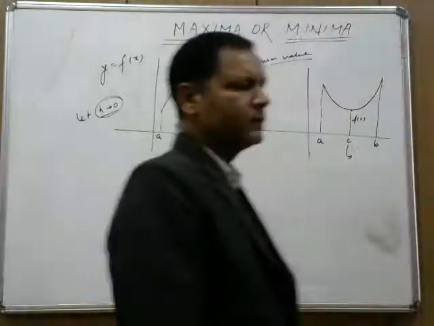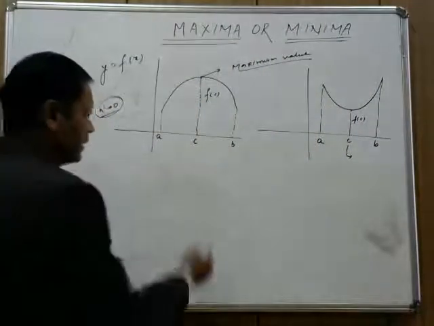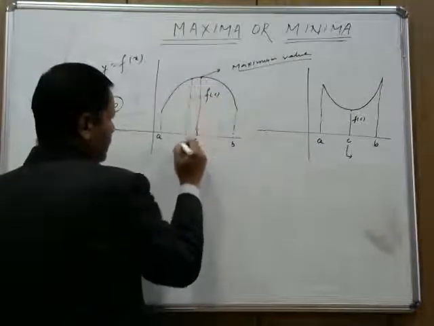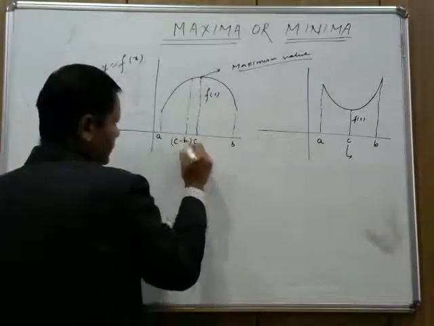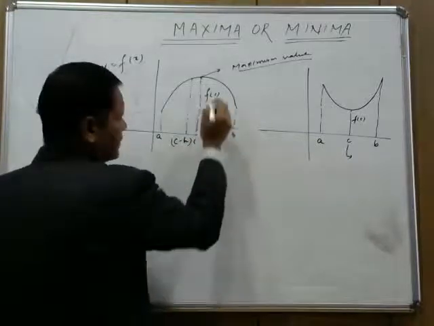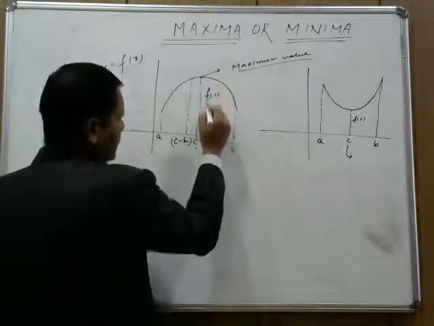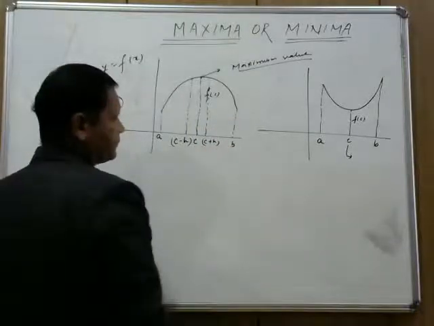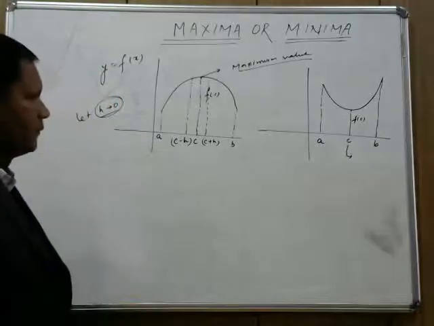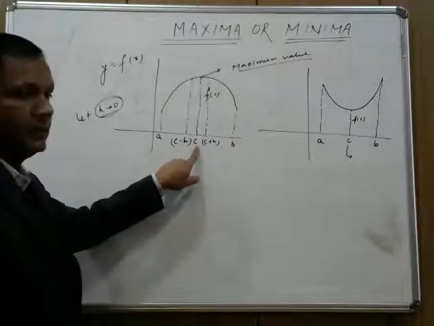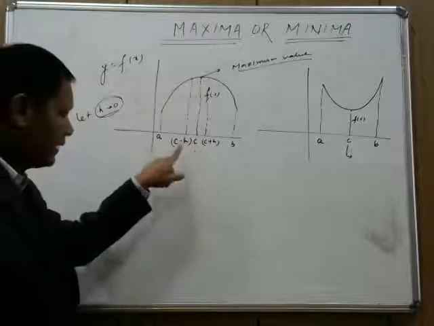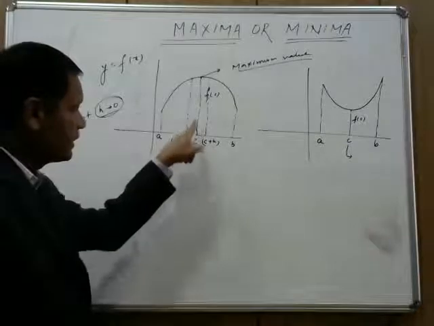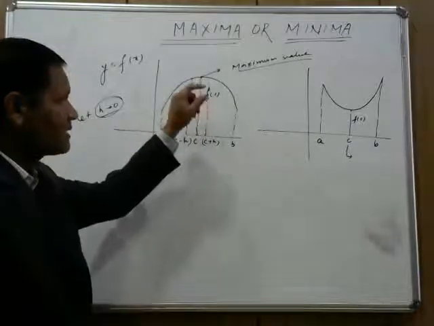Take a value just less than c, which I can write as c minus h, and a point just after c, which I can write as c plus h. That means f of c is greater than f of c minus h and f of c plus h. That's why we say that f of c has the maximum value.